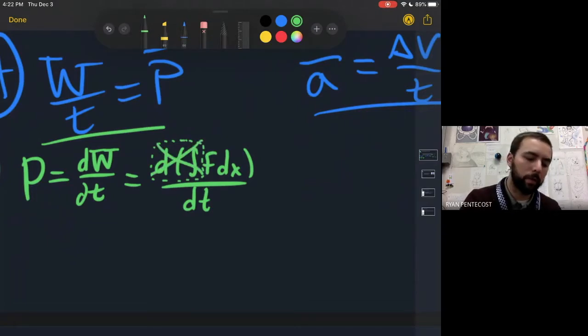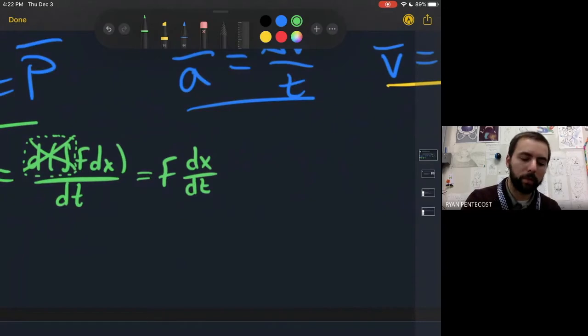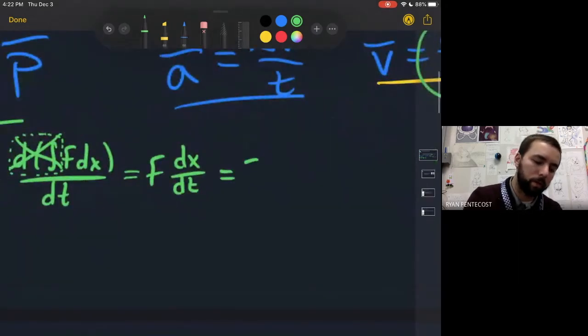So now we have F dx over dt. So we have force times dx over dt. We already talked about that, right? dx over dt is right there, just not in calculus form. So we have force times velocity.